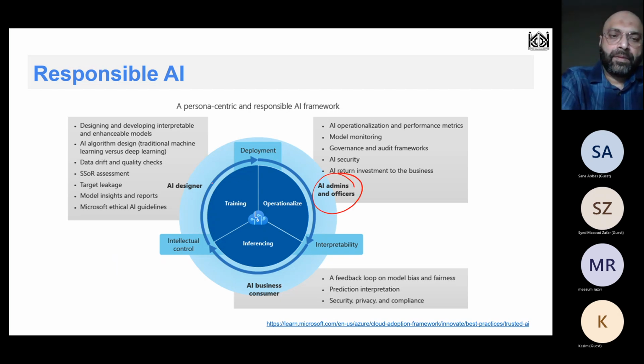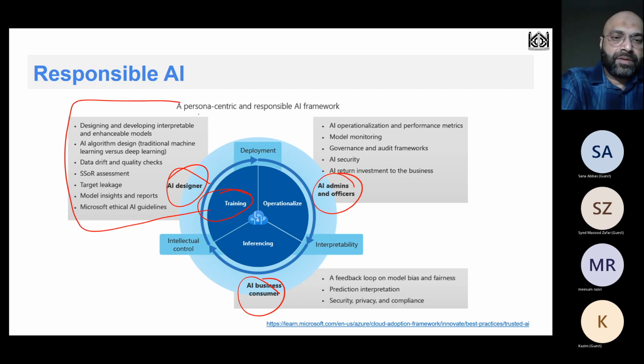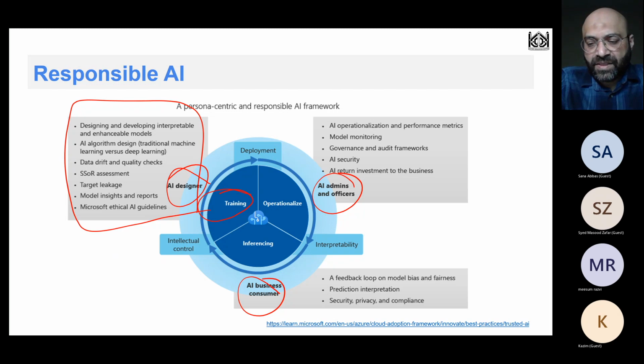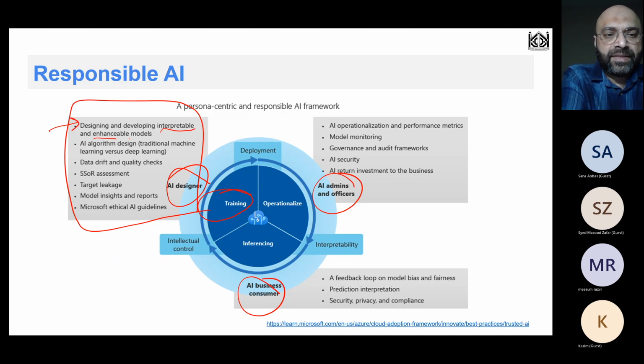Okay. All right. So if you look at the training side, these are some of the bullets for the AI designer. When they are designing and developing, they make sure that they have an interpretable and enhanceable model. What does it mean?